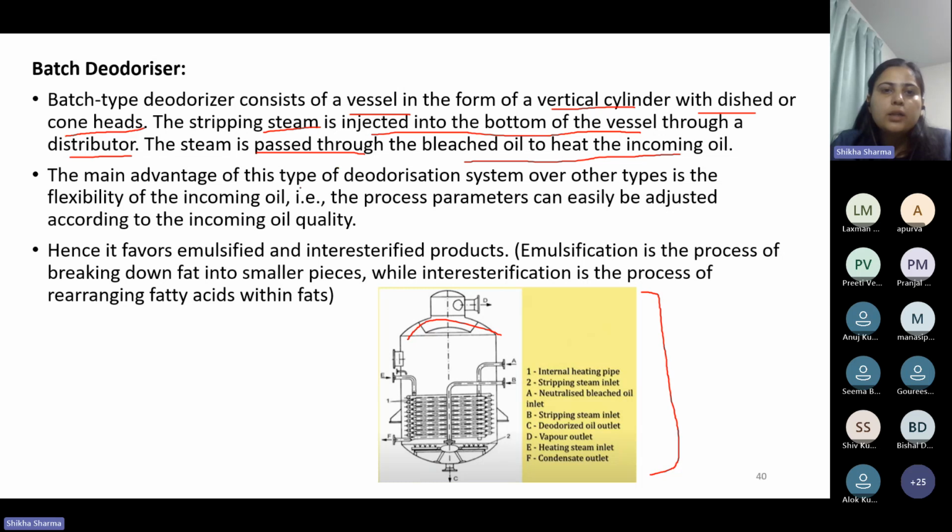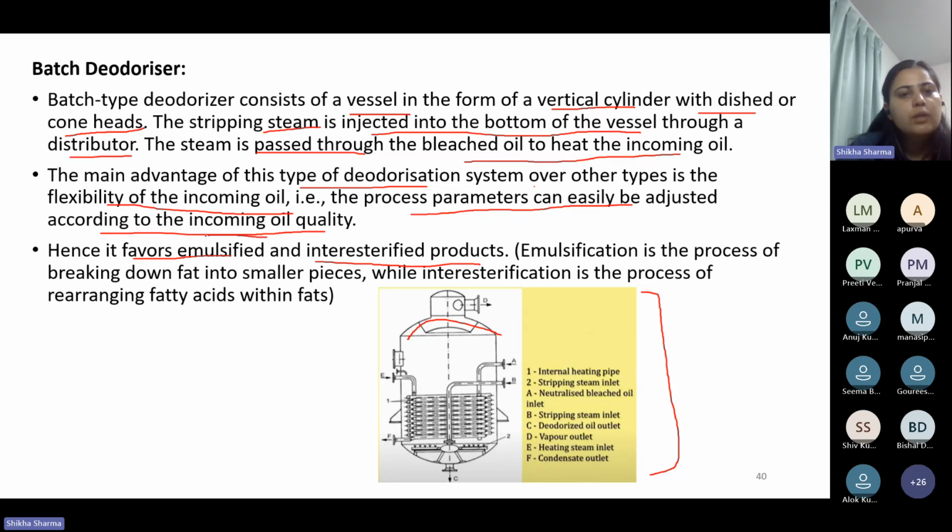The main advantage of this type of system is flexibility with the incoming oil, so the process parameters can easily be adjusted according to the incoming oil quality. So it favors emulsified and interesterified products.